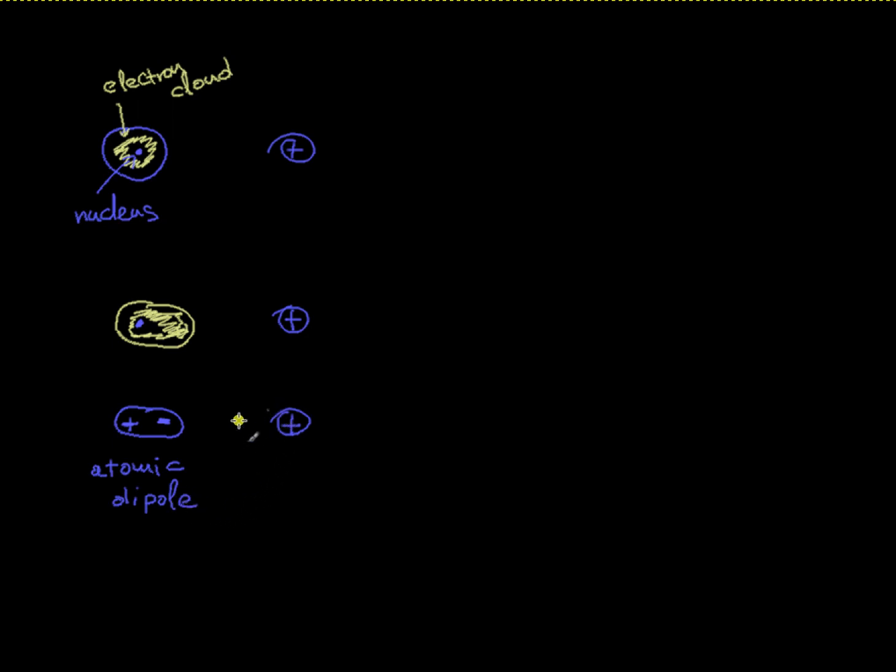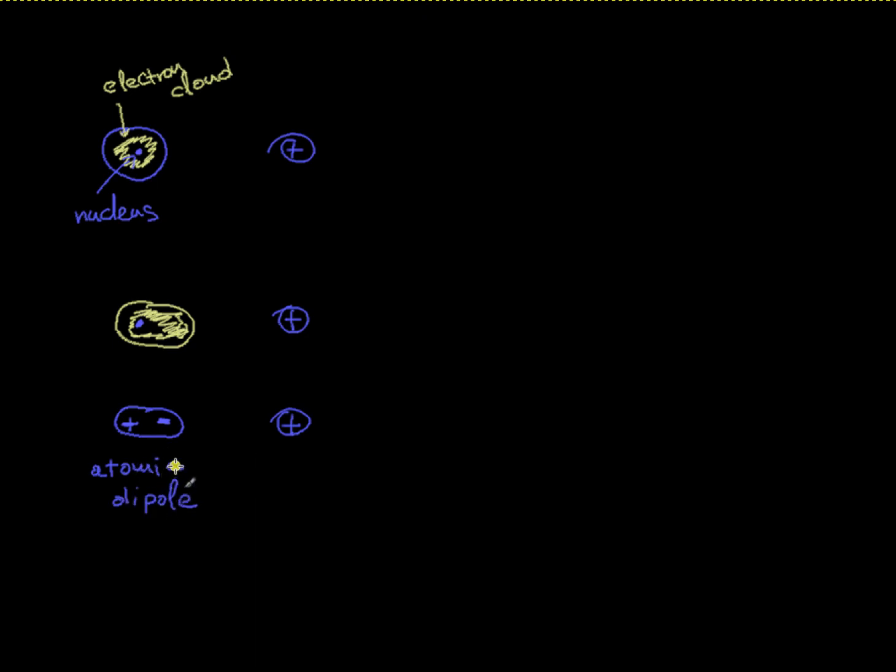And one thing to keep in mind in this case, when you remove this external positive charge, then of course the electron cloud will go back the way that it was before. There is no polarization. This external charge induced this atomic dipole.